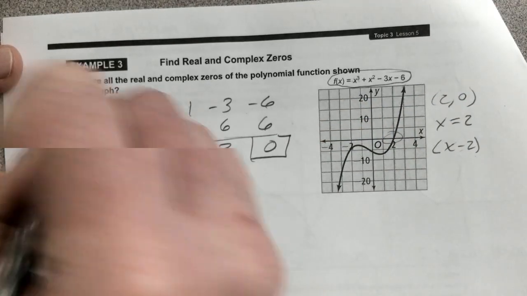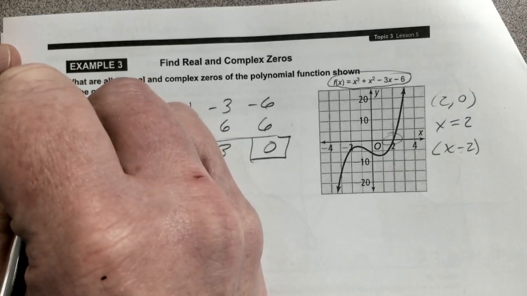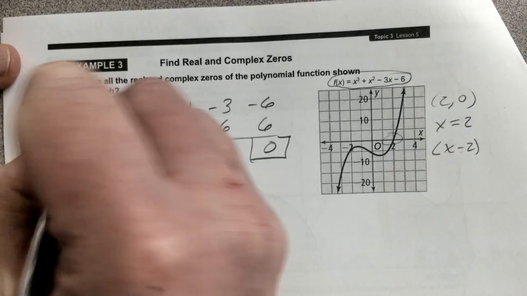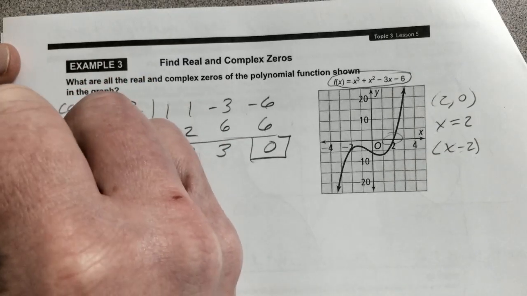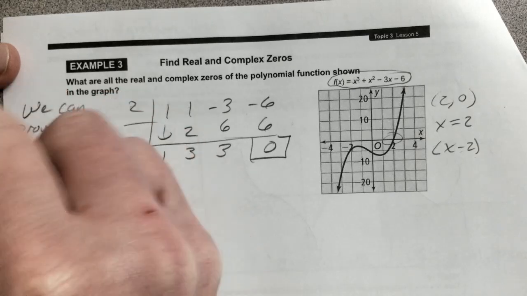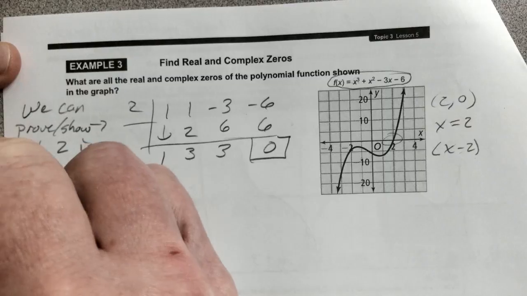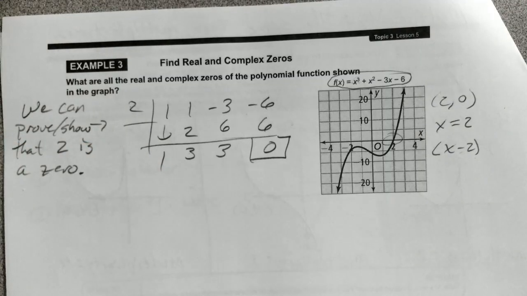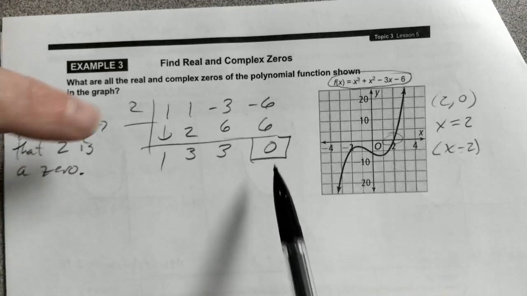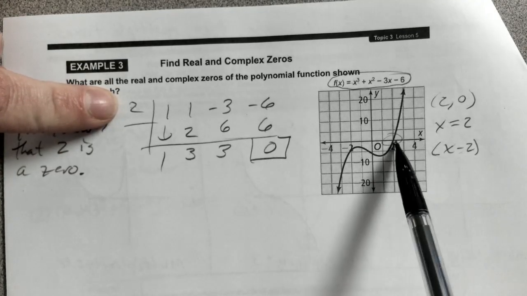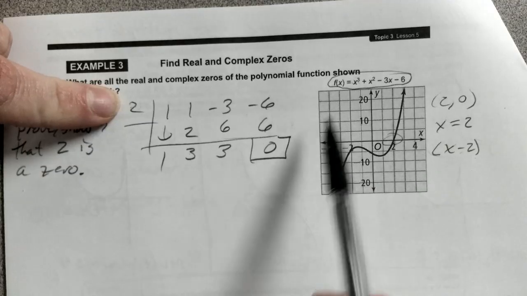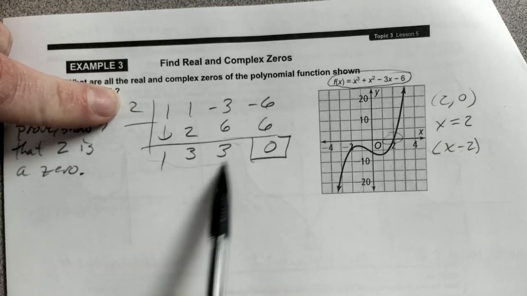Alright, so this is how we can prove or show that 2 is a 0. Now that we know that that is a 0, and we knew that because that was the x-intercept, we can solve the remaining quadratic.